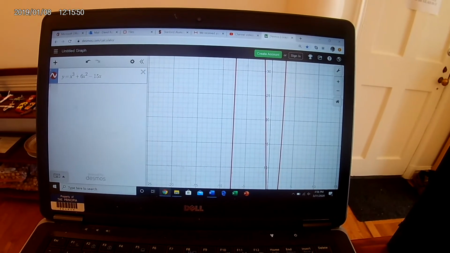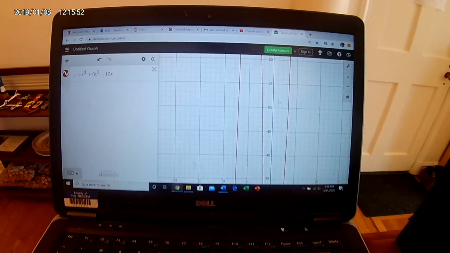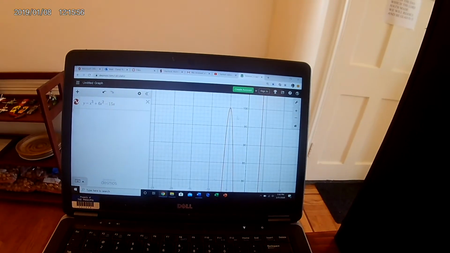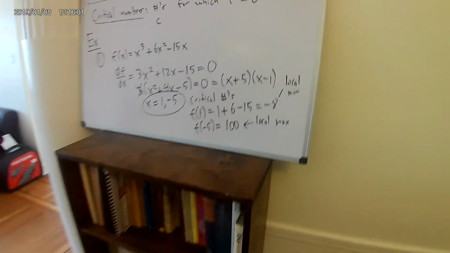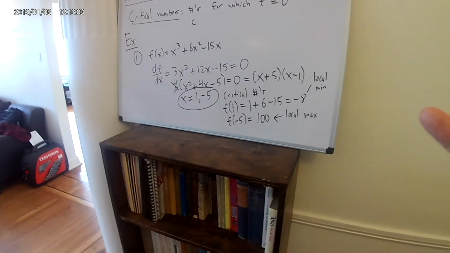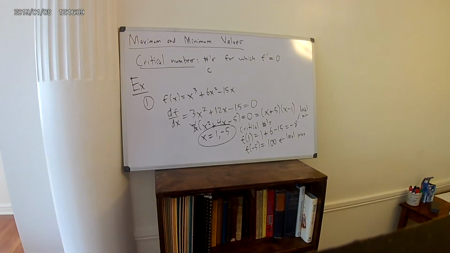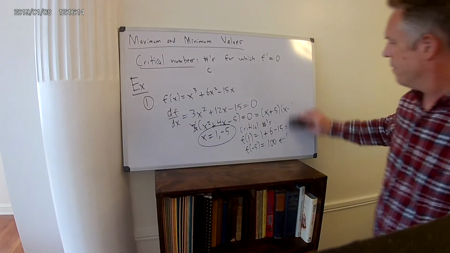The maximum value, if we can zoom up there, occurs at 100. So what we found here is in fact borne out by this graph. Okay, let's do another example problem.